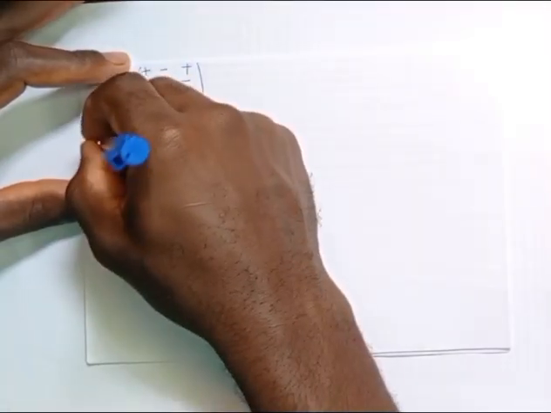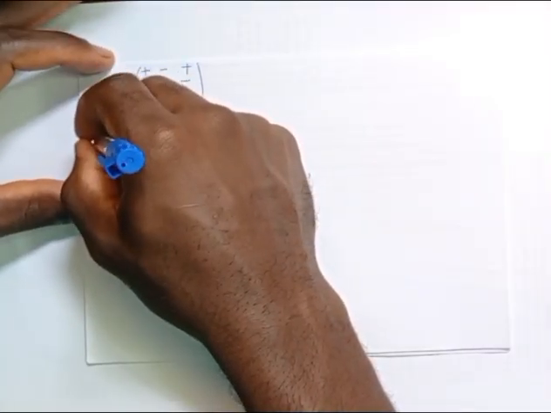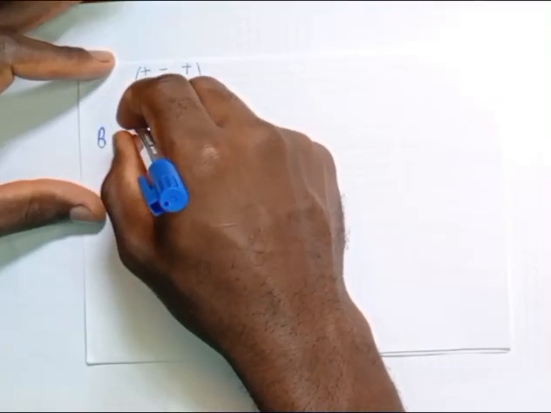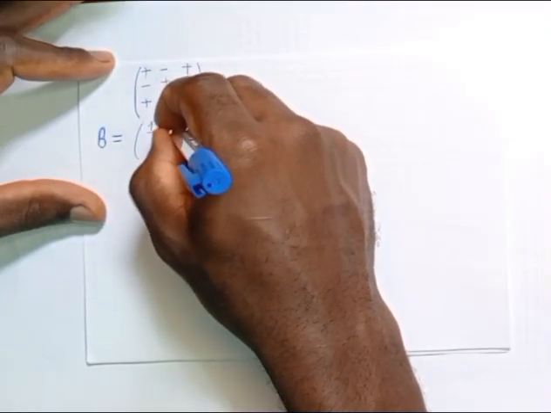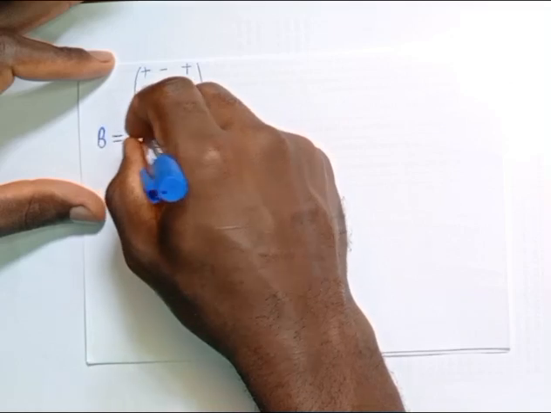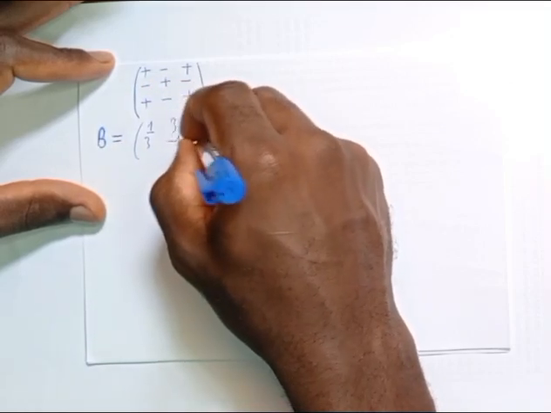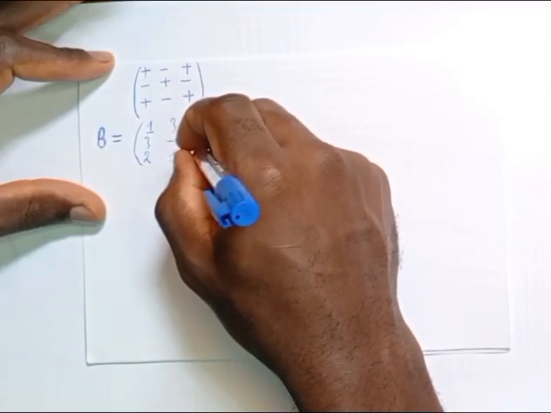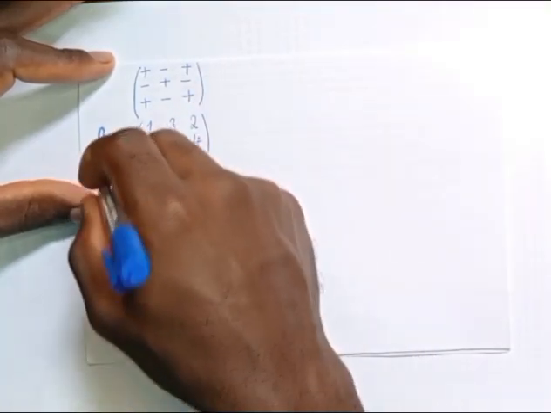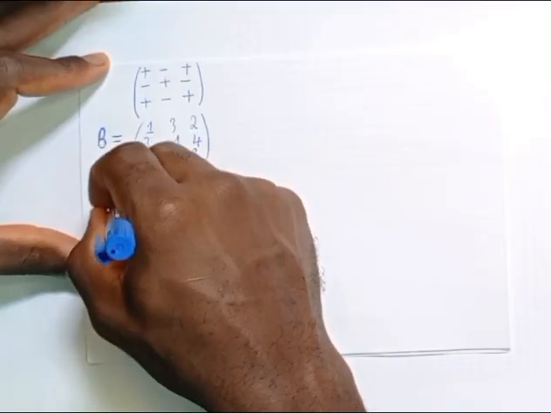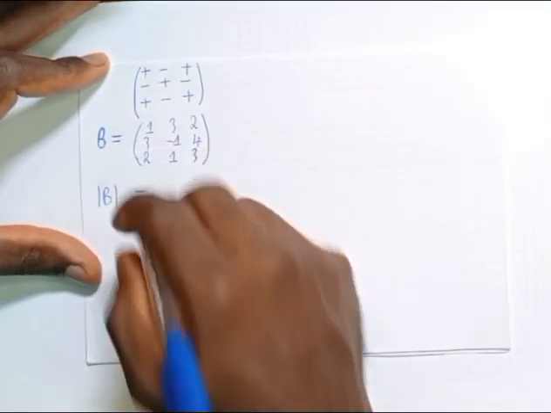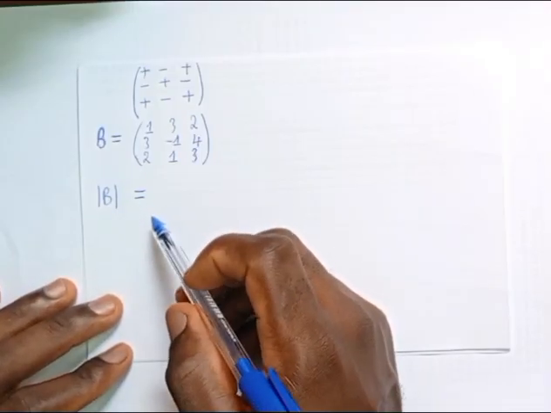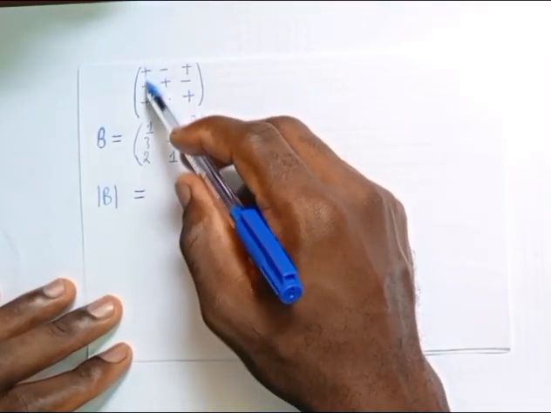We have our matrix A. Now in this case, we have the matrix B to be equal to 1, 3, 2, 3, negative 1, 4, 2, 1, 3. The determinant of the matrix B is simply equal to, we are going to calculate the cofactors by making use of the first column. This is the sign rule for the first column.